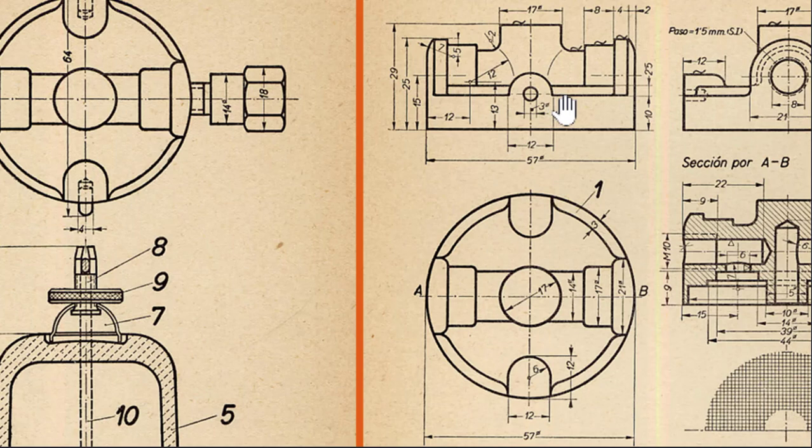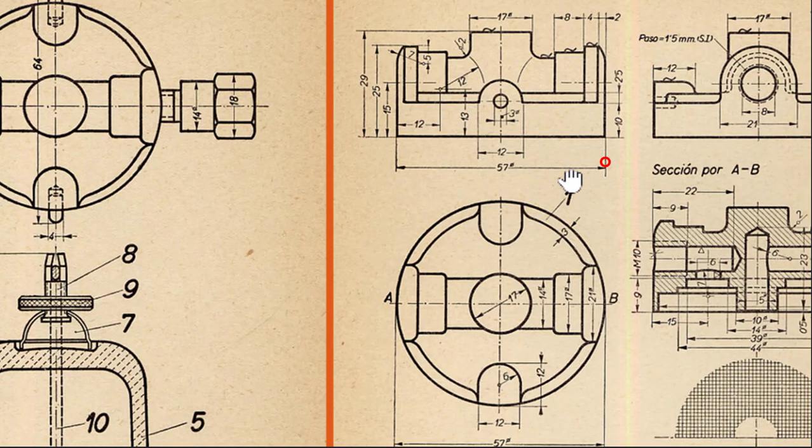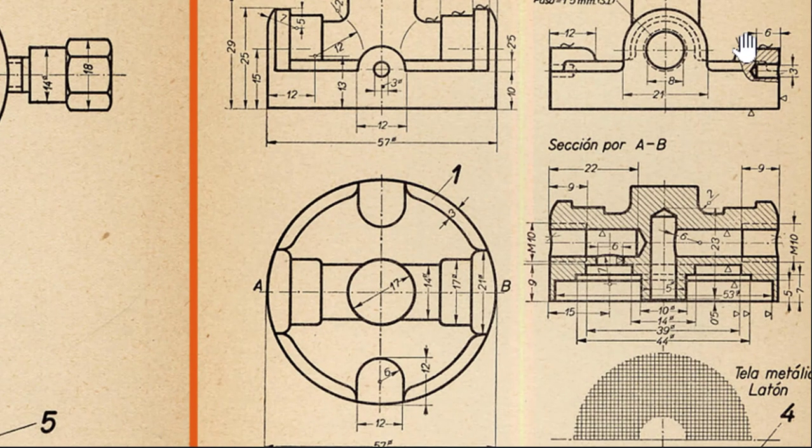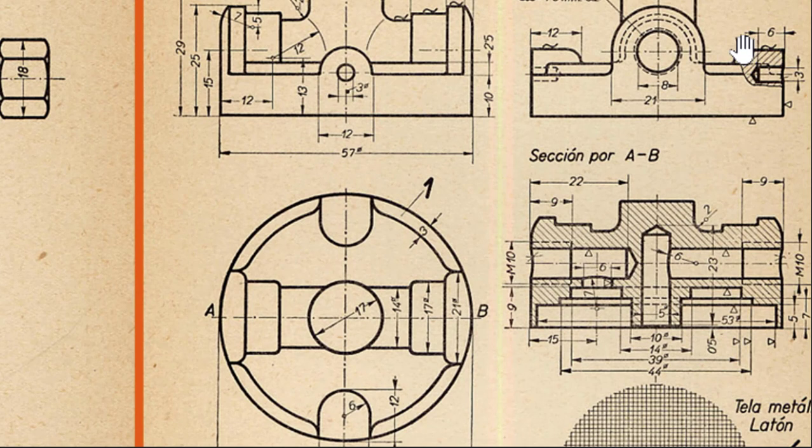Nobody uses this kind of dimensioning. This is resulting 6 and 12. If this is 6, this 2 millimeters is not okay.